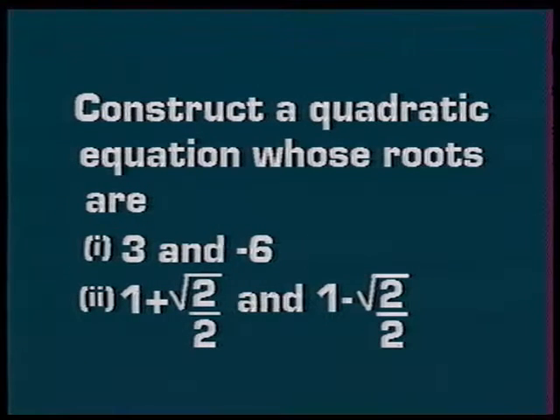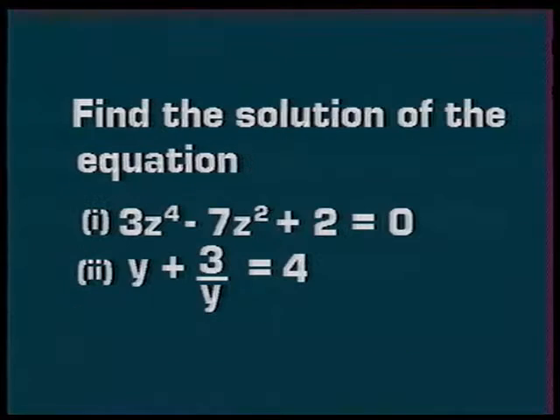Another question is, construct the quadratic equation whose roots are 3 and minus 6, and 1 plus under root 2 upon 2 and 1 minus under root 2 upon 2. Another problem is, find the solutions of the equations 3z raised to the power 4 minus 7z square plus 2 equal to 0, and y plus 3 upon y is equal to 4.